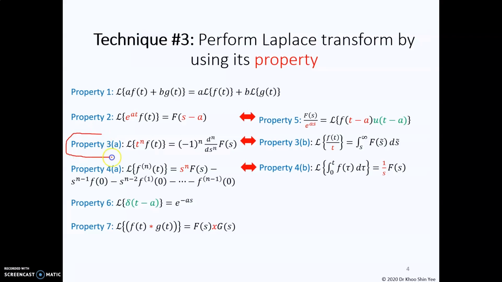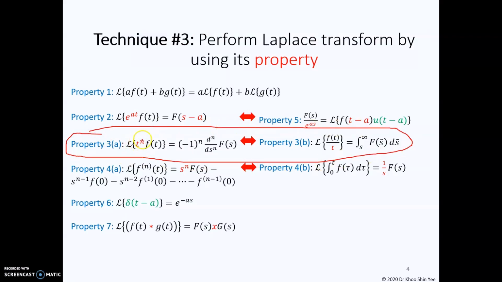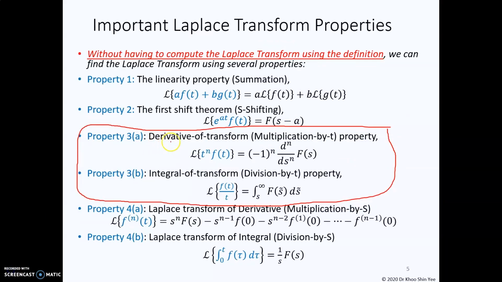In property 3, when we multiply the time domain signal by t or divide by t, we will deal with differentiation and integration in the Laplace domain. So instead of calling it the derivative of the Laplace transform, we also can call it the multiplication by t property. For the integral of the transform, we can also call it the division by t property.